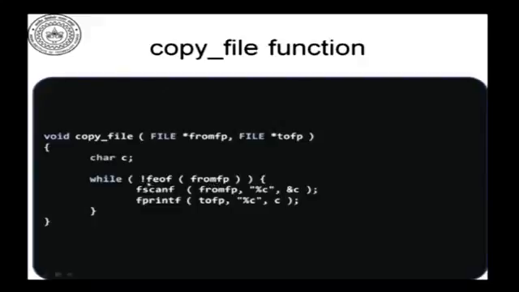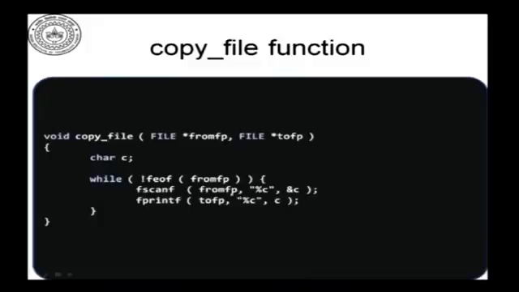So, if you are not done with the from file, what you do is you scan one character from the from file. So, fscanf from fp %c and c. So, this will read one character from the source file from fp and read it into the variable c.